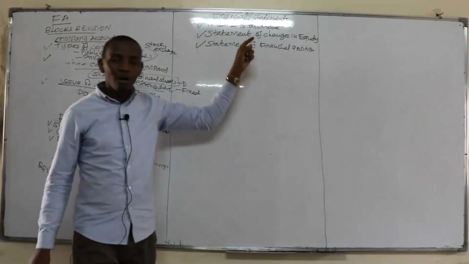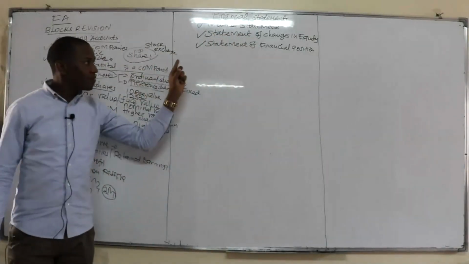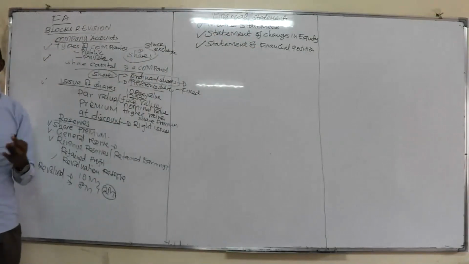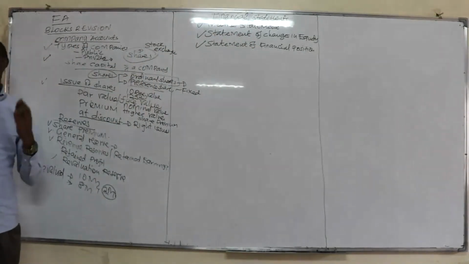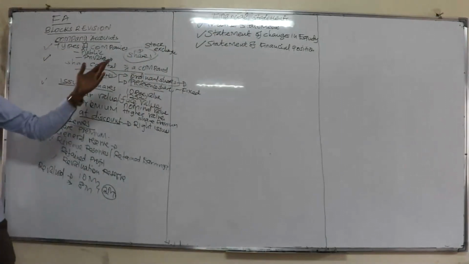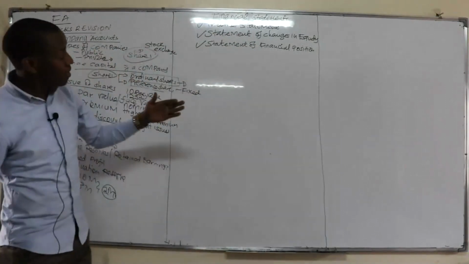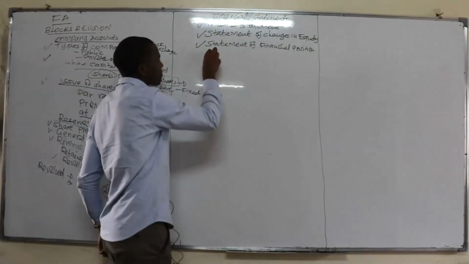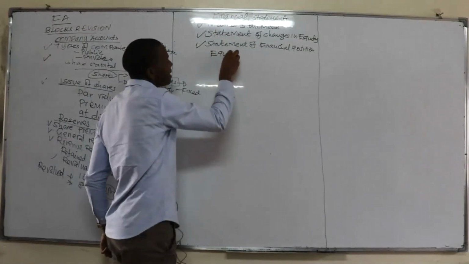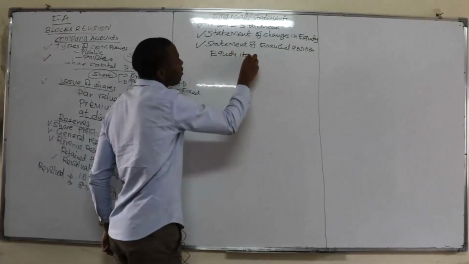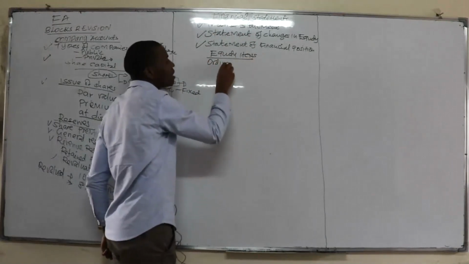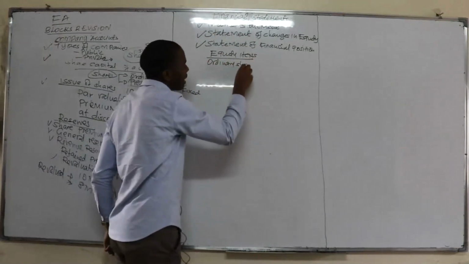When you talk of the income statement, this is the one that will show the financial performance of the company as a result of the profit that is being made. The statement of changes in equity is normally based on the equity items. The equity items here normally comprise the following: the ordinary shares and all the other reserves.